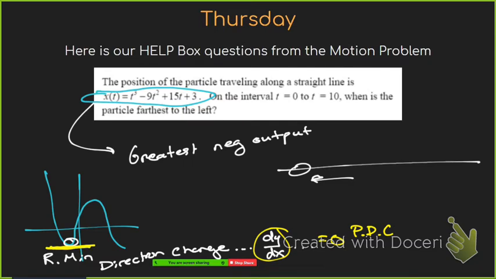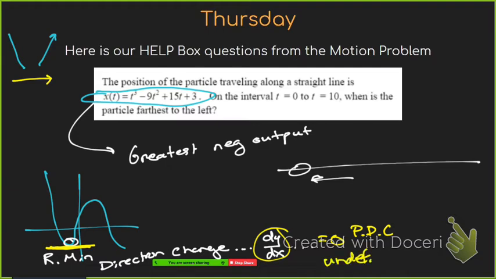Is there any other way the direction could change? Could the graph have looked any different for us to still get something that's going here and then something that's going there, besides having a horizontal tangent? It could be where it's non-differentiable. Right. So we might have had it undefined.